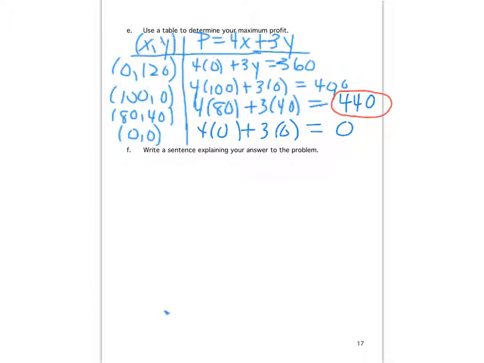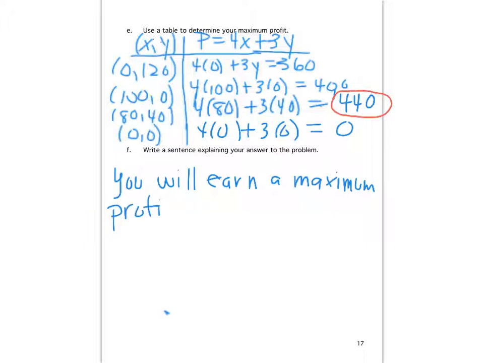We can come here and we can explain what our table is showing. You will earn a maximum profit of $440 by selling, and this is where your ordered pair comes in important here.